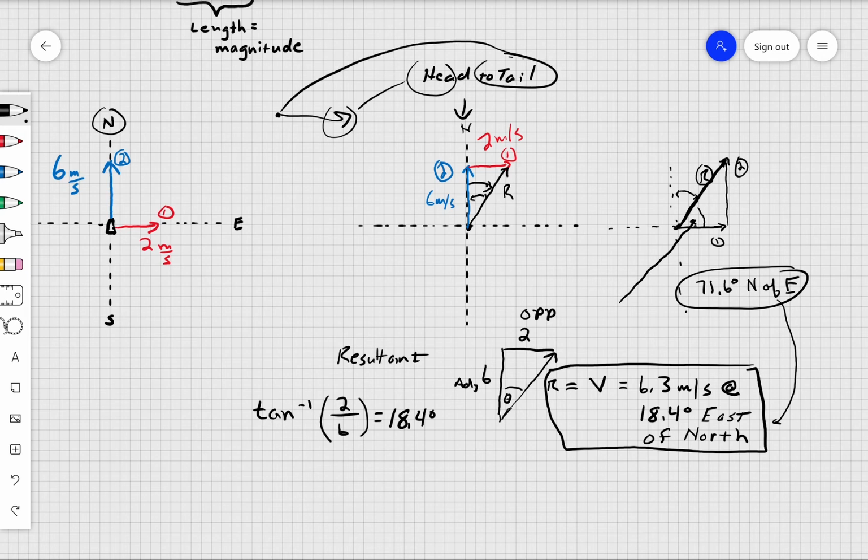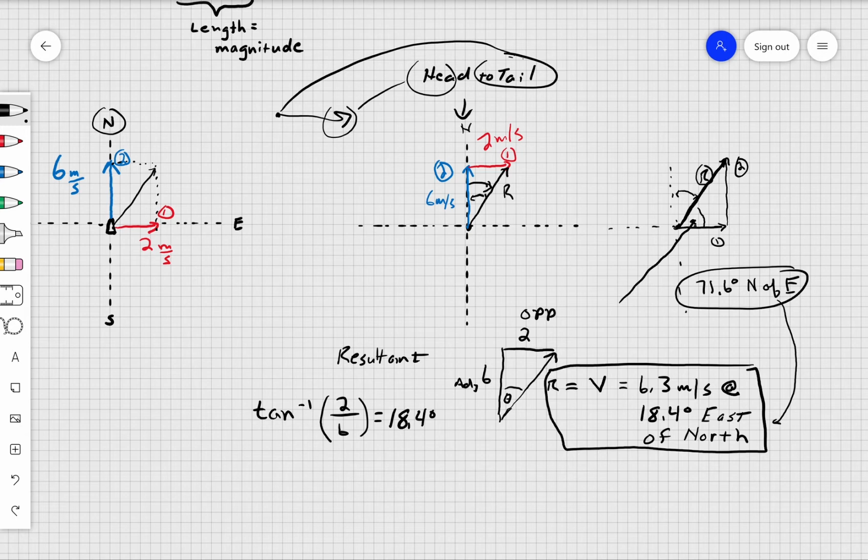If they have their tails on the origin, then I can simply do this and make this parallelogram, in this case it's a rectangle, and my resultant is from corner to corner, and then measure the angle for the direction. But graphically, yeah, we could get out graph paper and use rulers and protractors and do all this by hand, but I think you see that a quick estimation of where the solution lies is really where the usefulness comes in for these graphical additions.